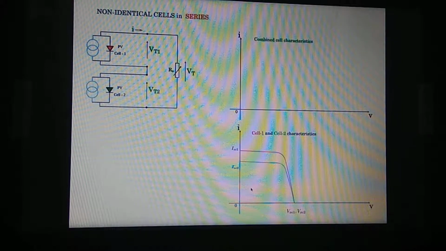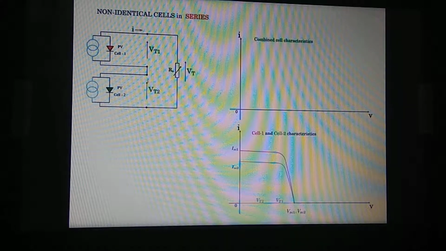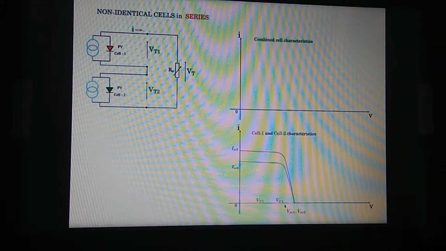So what is the operating point? For each of the individual cells, the operating point is here because the load line is the x-axis. So the terminal voltages VT1 and VT2 are like this. How does it look like here?